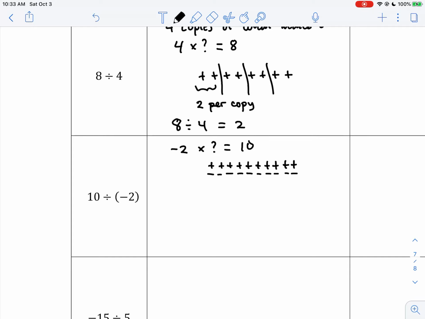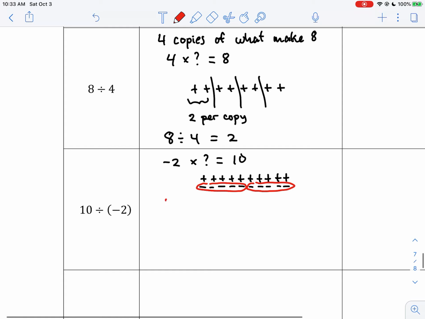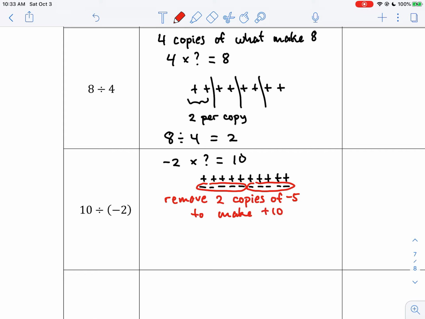Okay, I want to remove 2 copies of something so that the result is 10. So I really want to remove all of these negatives. I want those to go away so that I have 10. So just break that into groups of 2, and you can see that I remove a negative 5 and a second negative 5. So what I'm thinking here is I need to remove 2 copies of negative 5 to make positive 10.